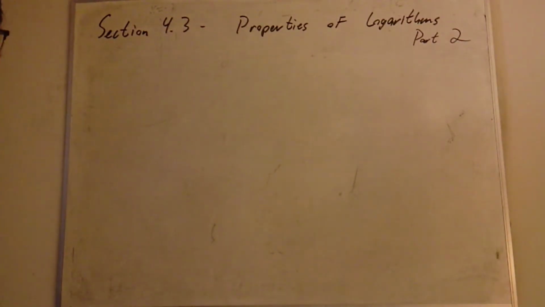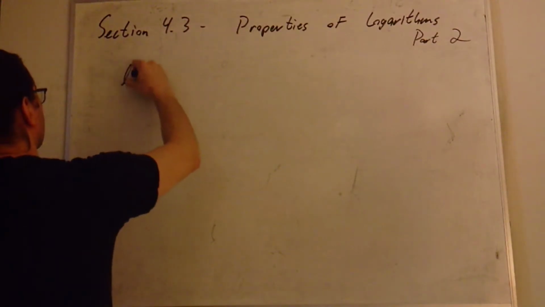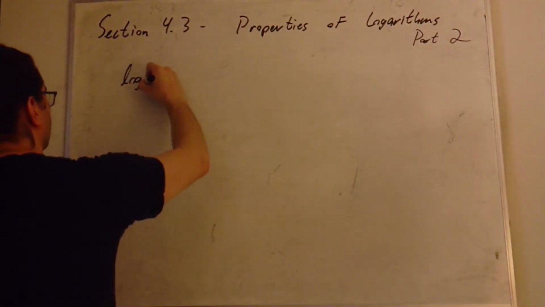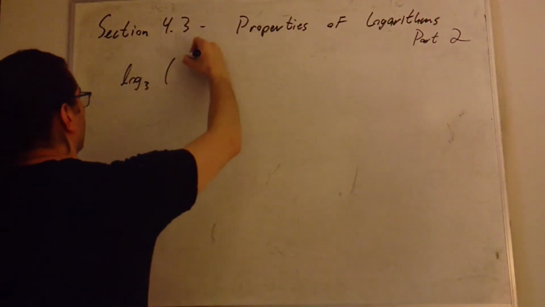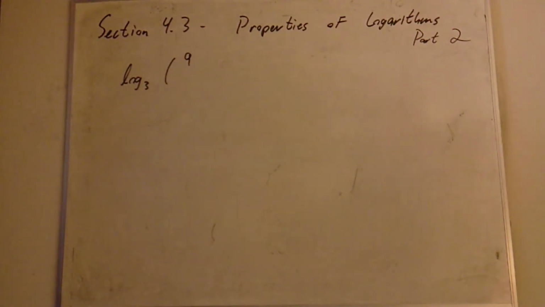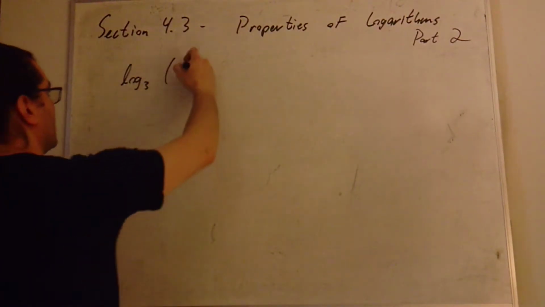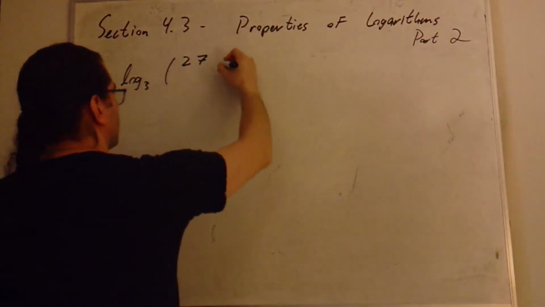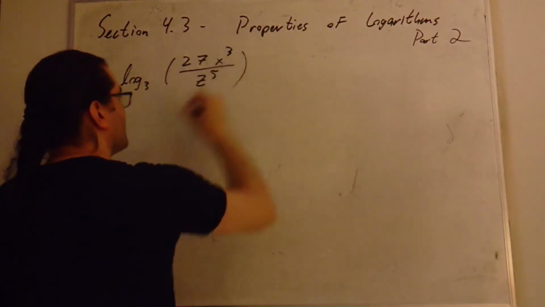On a test or a quiz, you might get something like log base 3 of 27x cubed over z to the 5th.